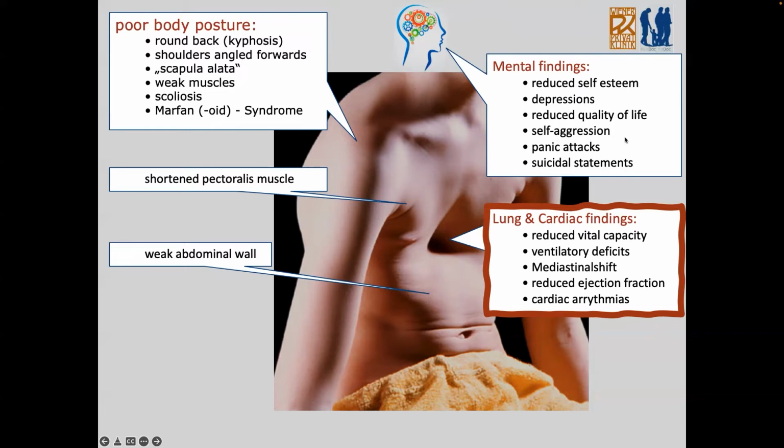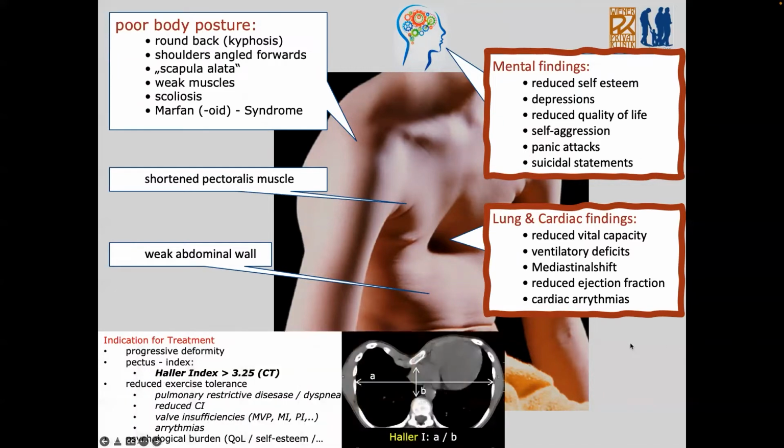But we should not forget the stressing mental dimension: reduced self-esteem, depressions, reduced quality of life, self-aggression, panic attacks, and suicidal statements.